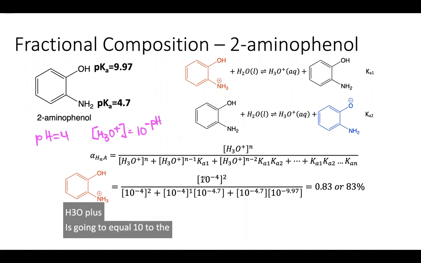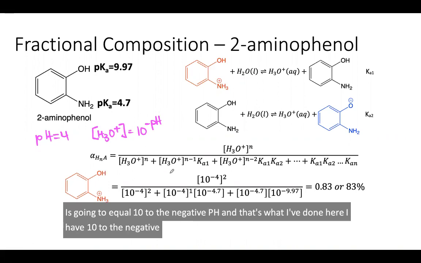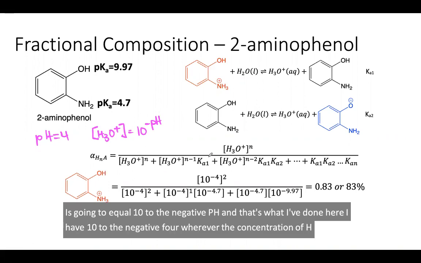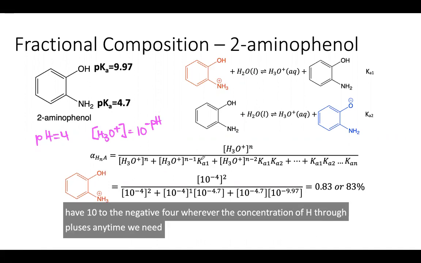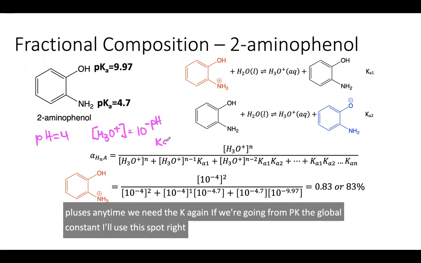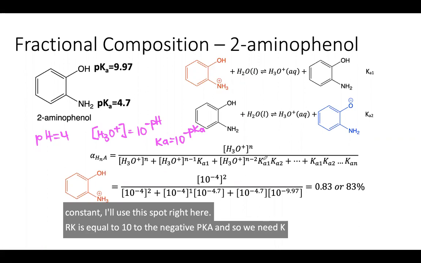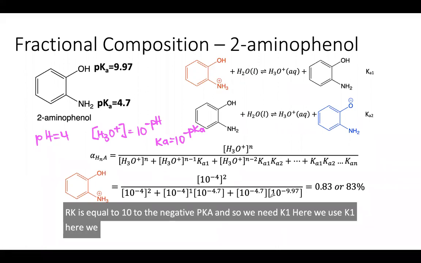And that's what I've done here. I have 10 to the negative 4 wherever the concentration of H3O+ is. Anytime we need the Ka, if we're going from pKa to the equilibrium constant, I'll use this spot right here. Our Ka is equal to 10 to the negative pKa. Where we need Ka1, we use Ka1 here. Where we need Ka2, we use Ka2 there.